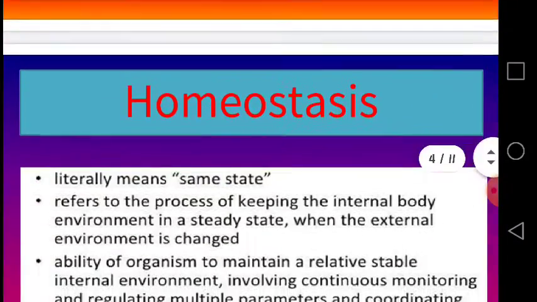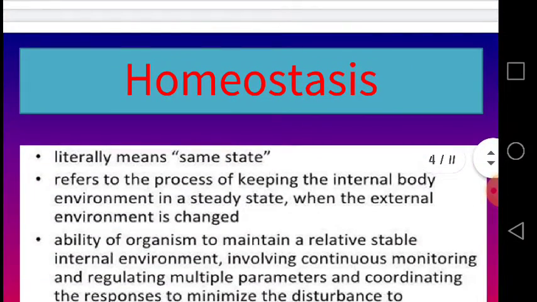First of all, we are going to start with the term homeostasis. Homeostasis means the same state. This is the process of keeping the internal body environment in a steady state when the external environment is changed.